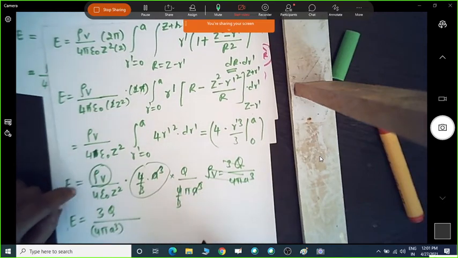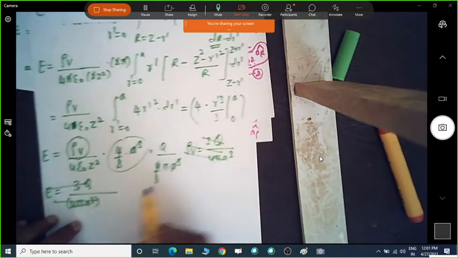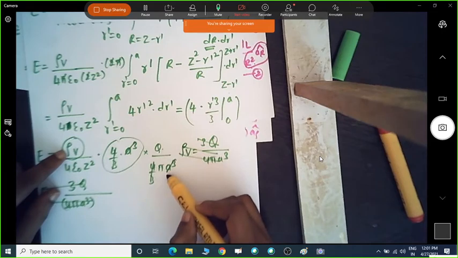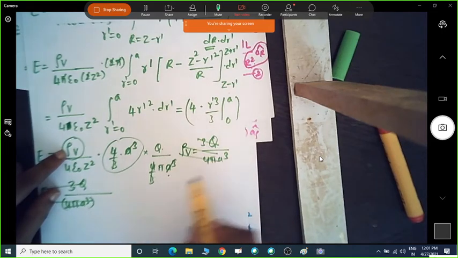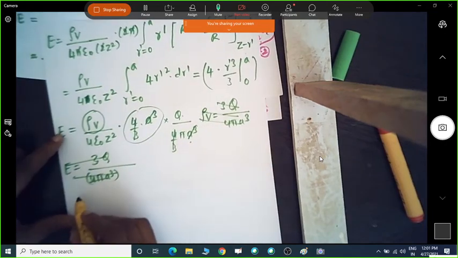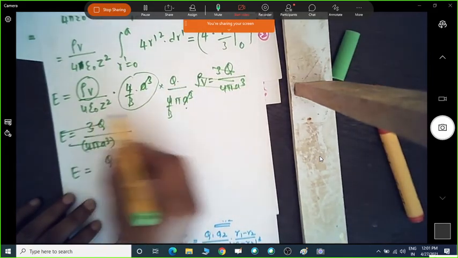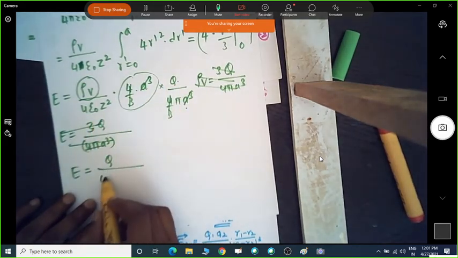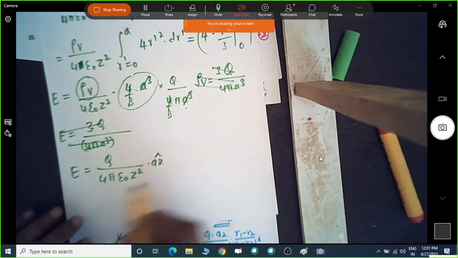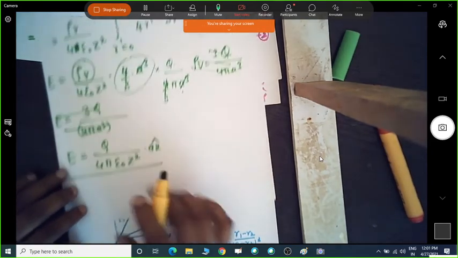If I substitute the volume charge, which is nothing but Q by 4 by 3 pi a cube, this 4 by 3 gets cancelled, and a cube gets cancelled. Now we end up with the equation E equal to Q by 4 pi epsilon naught z square into Az. So this is what we get as the electric field.